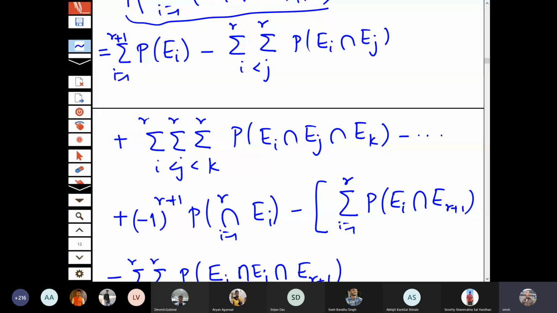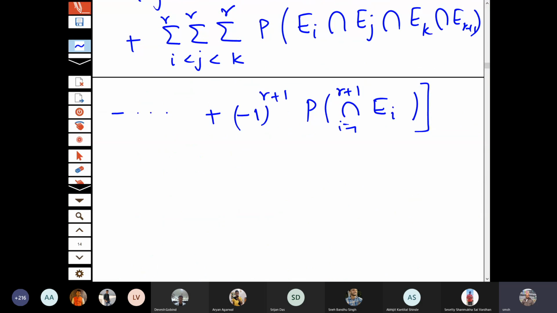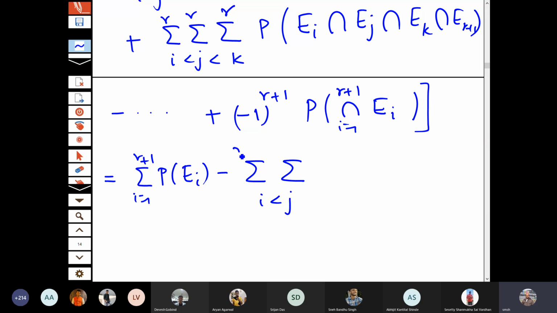So you can add this here and this becomes sigma probability of EI, I equal to 1 to R plus 1, and then I less than J up to R plus 1, probability of EI intersection EJ.